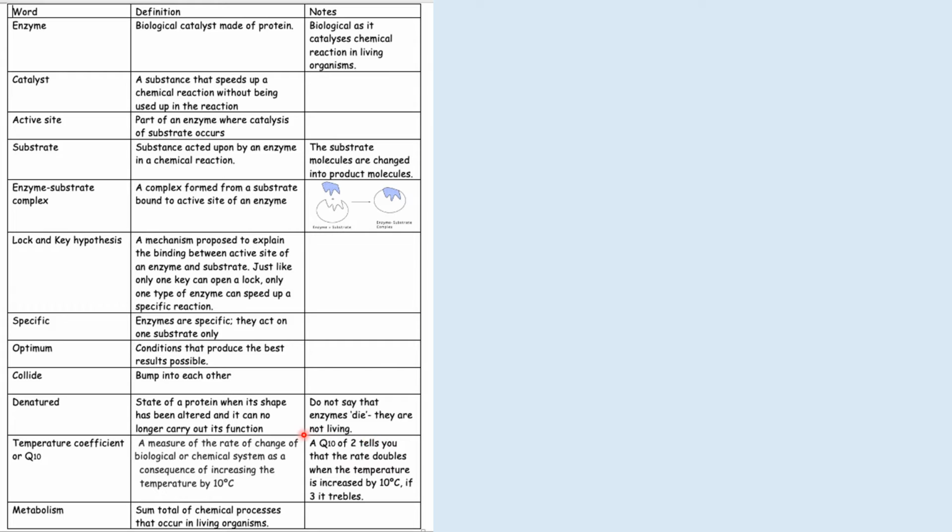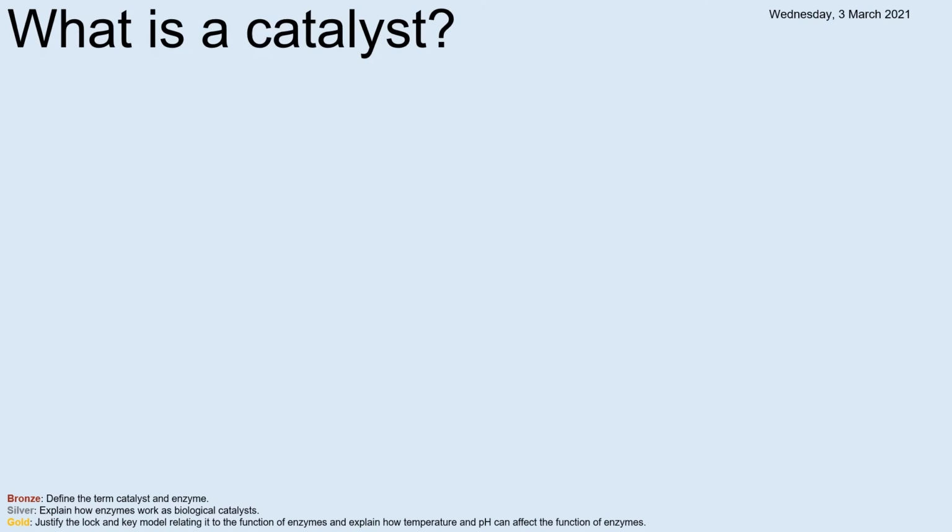A Q10 of 2 tells you that the rate doubles when temperature is increased by 10 degrees Celsius. If Q10 is 3, it trebles. And metabolism is the sum total of chemical processes that occur in living organisms.